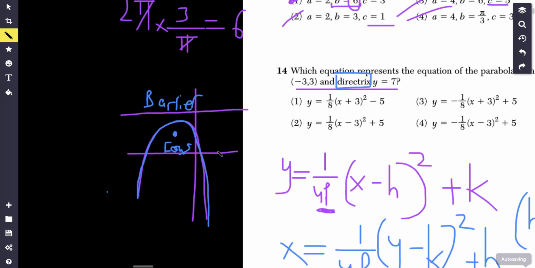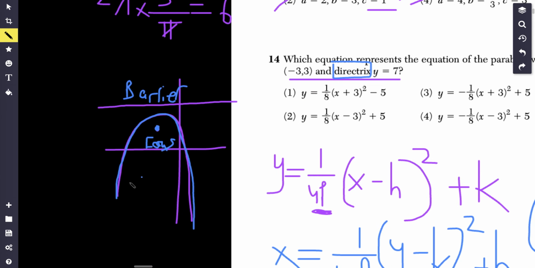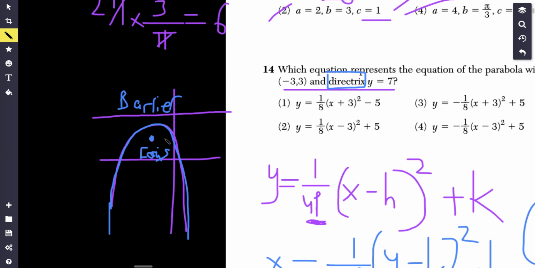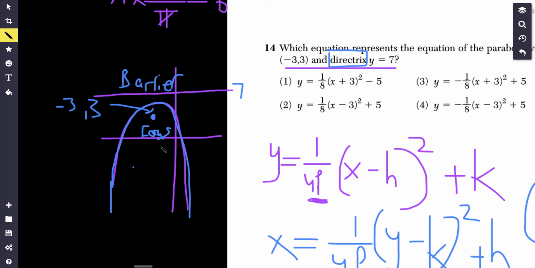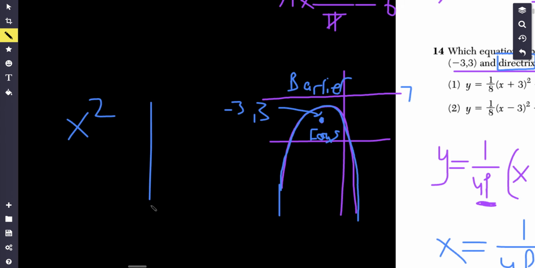All right. Now, which equation represents the parabola? So we kind of established how our parabola will look, right? Our focus is at -3, 3, and our barrier or directrix is at y is equal to 7. So we know the parabola is going to look something like this. Now we know that the graph of y is equal to x squared looks something like this, right?